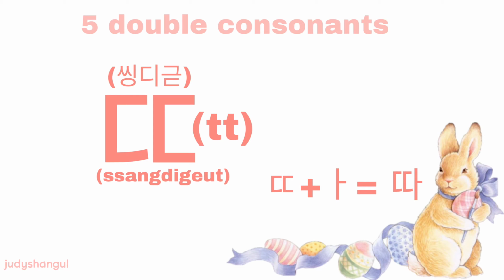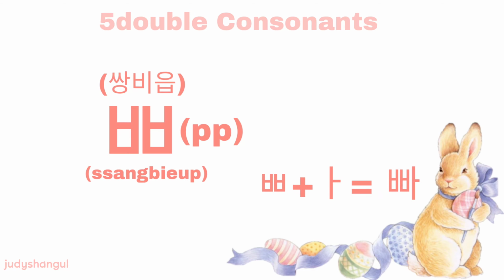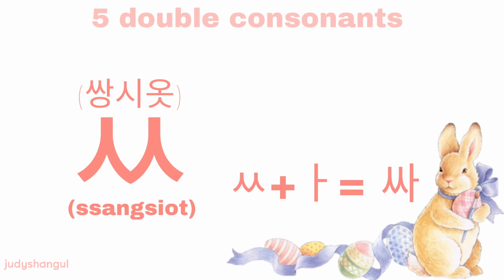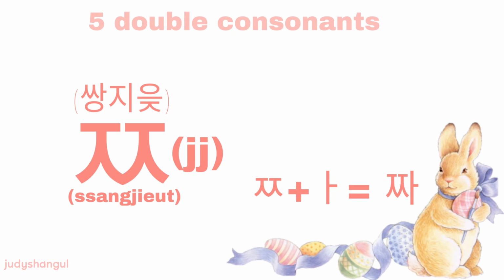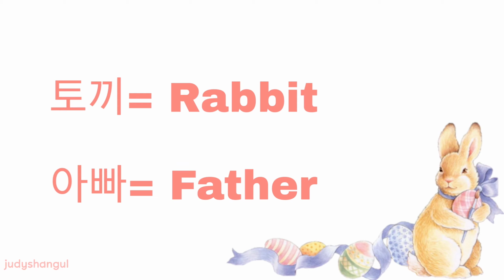It is pronounced as a TT sound. 쌍디귿 plus A, 따. 쌍비읍, double P sound. 쌍비읍 plus A, 빠. 쌍시옷, SS sound. 쌍시옷 plus A, 싸. 쌍지읒, JJ sound. 쌍지읒 plus A, 짜. 토끼, rabbit. 아빠, father.